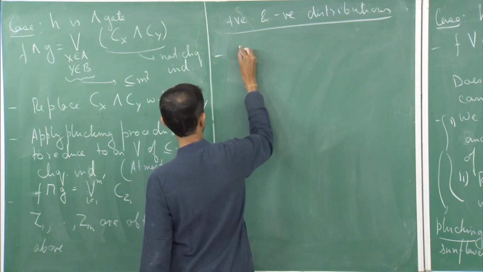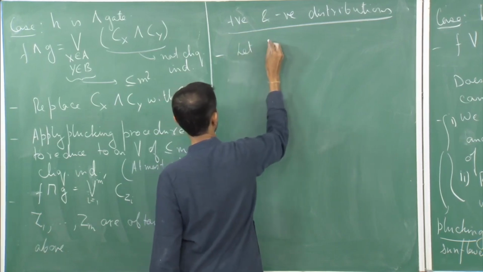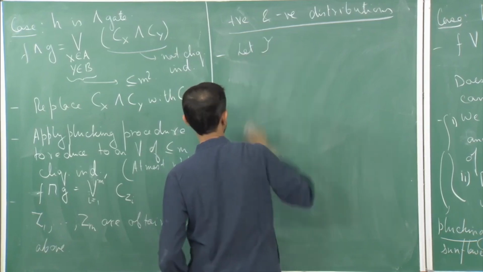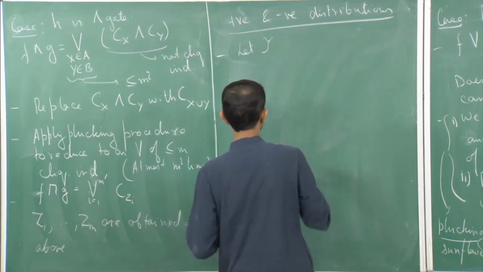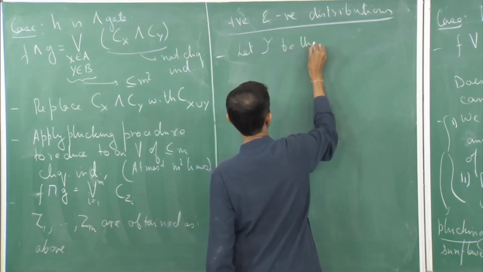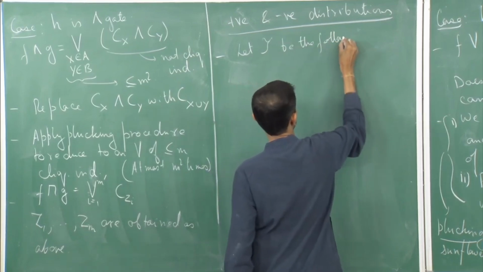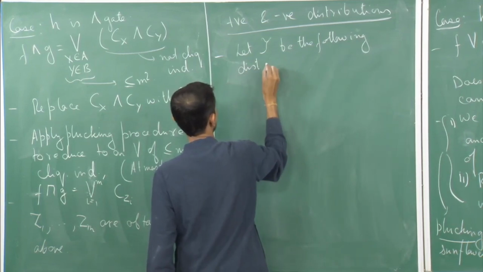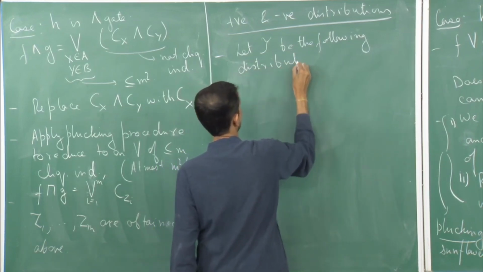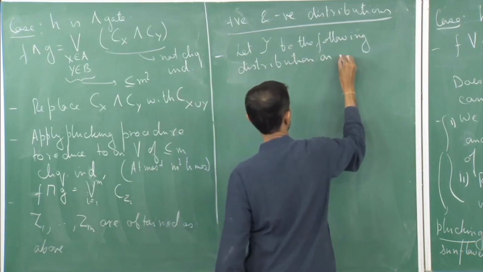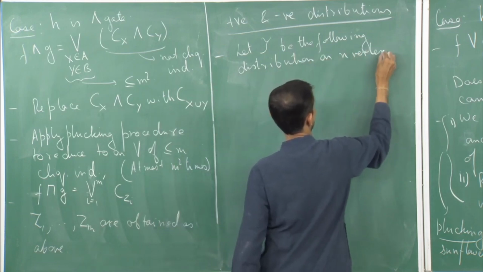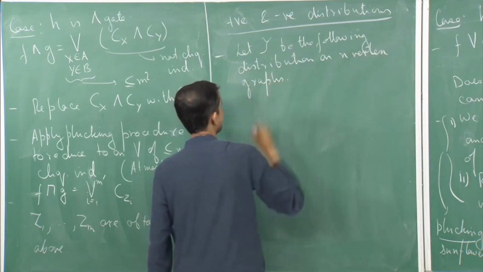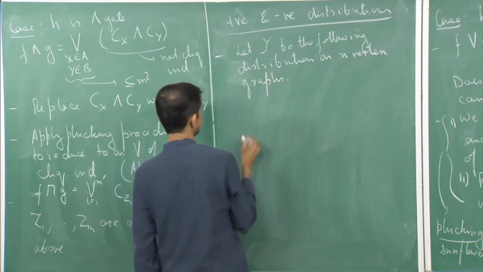So let Y be the following distribution on n vertex graphs.